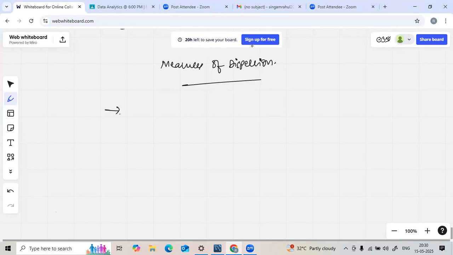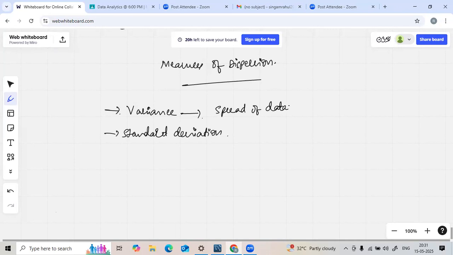Basically, you have two options available. One is variance and the other one is standard deviation. When you consider variance, you talk about the spread of data. What is the spread of data?